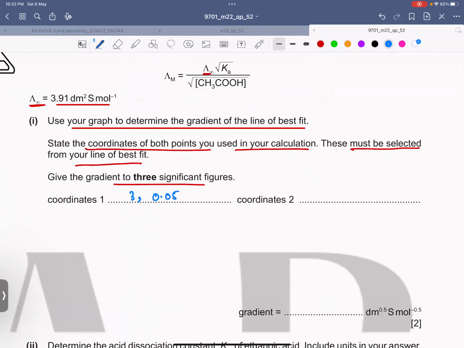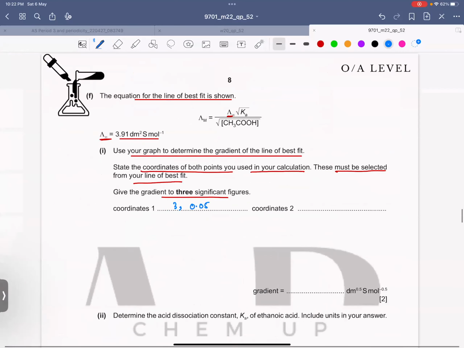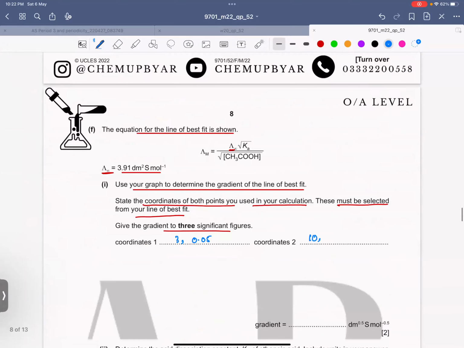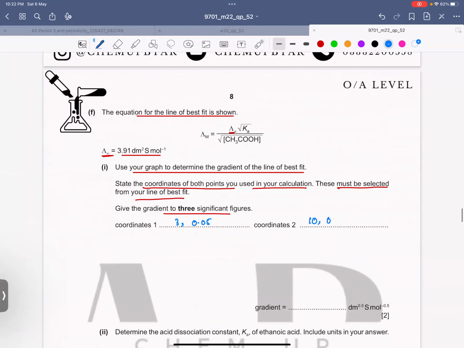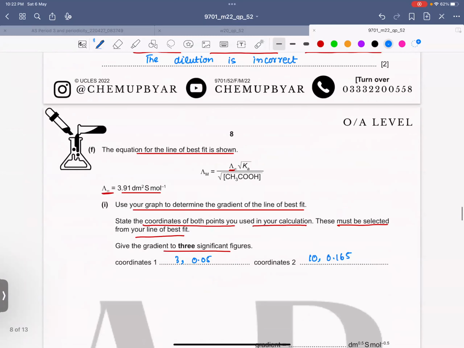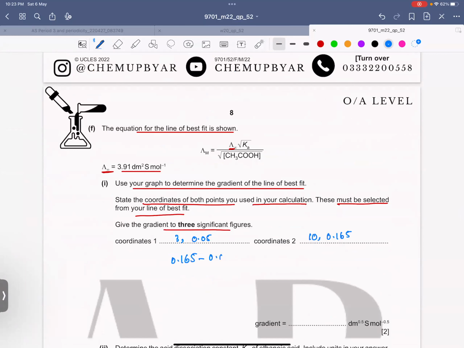0.05 and the coordinates 2 are 10, 0.165. So 0.165 minus 0.05 over 10 minus 3.